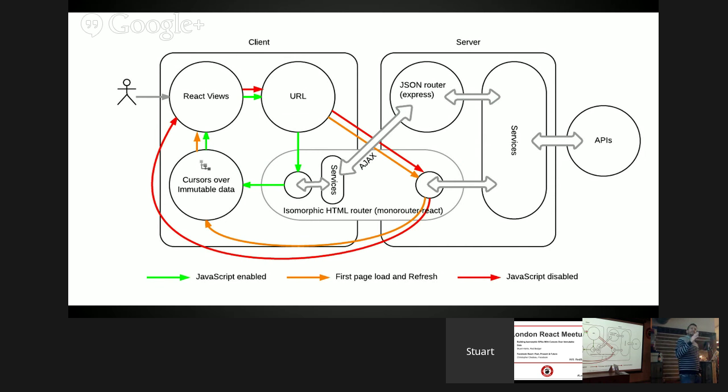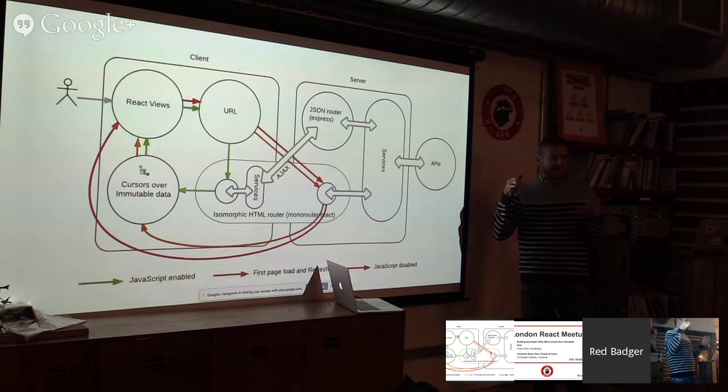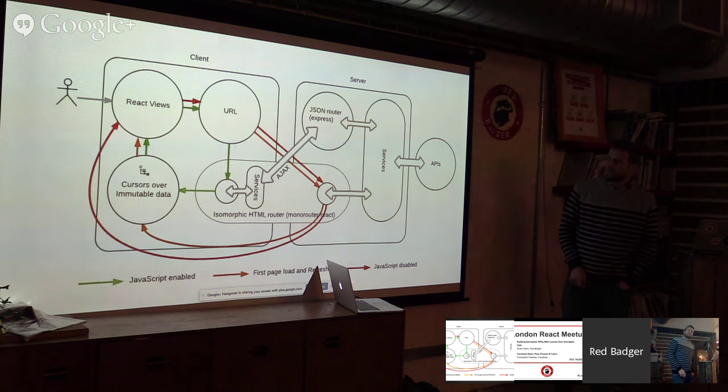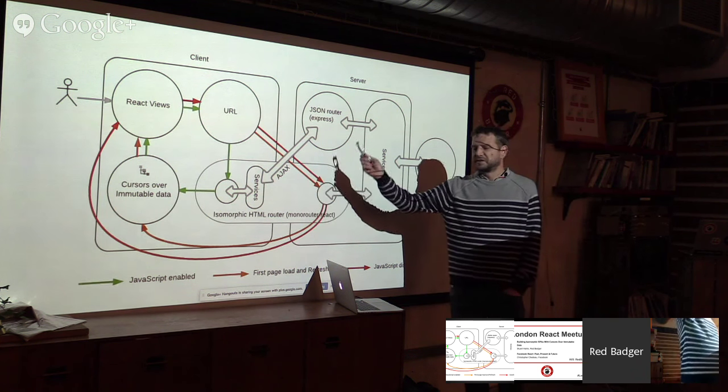And then if you've got JavaScript enabled, you're going around the green arrows then. So some interaction, the URL changes, you click a link or something like that, effectively, and the browser hijacks that link and calls some client-side services, which get some JSON data from somewhere, and then that updates the cursor using a path into the cursor that's derived from the URL, and so we can inject the data that we get back, or we can update effectively, because on the client side, once we've got our first cursor, we keep that reference forever.